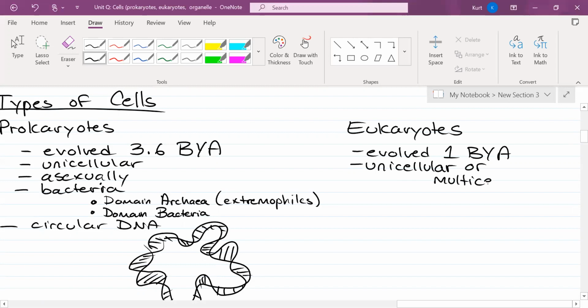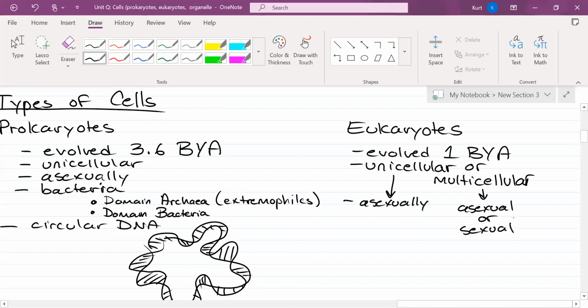You guys are all multicellular organisms. If they're unicellular, they're typically going to reproduce asexually. But if they're multicellular, it could be asexual or sexual. It depends on how many cells there are.